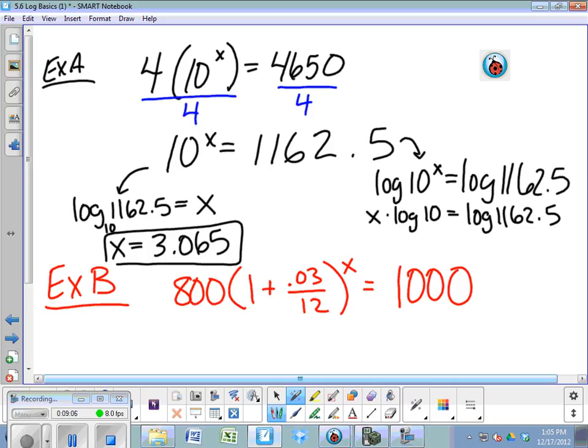It's 1, right? Remember, when you log 10, you're saying 10 to the what is 10? 1. So on the left, we really have x times 1, which the 1 is irrelevant. So the answer is just going to be x equals the log of 1162.5, which we already know is 3.065.